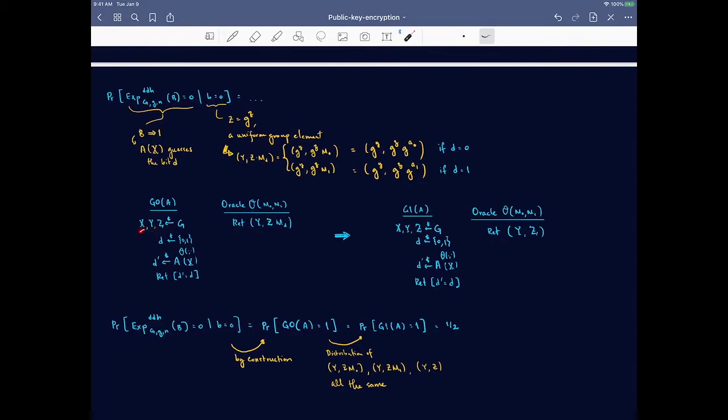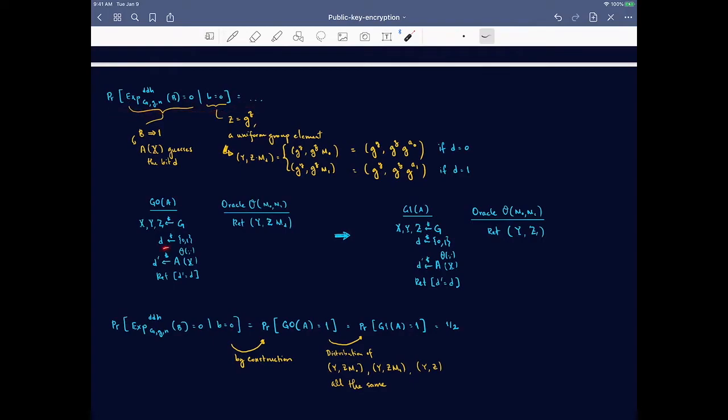And these two things are uniform group elements for sure, always. Now, what about this capital Z? Well, since we're conditioning on the bit being 0, capital Z is itself a uniform group element. So we'll just go ahead and pick these three things uniformly from the group. So far, that's precisely the case here.